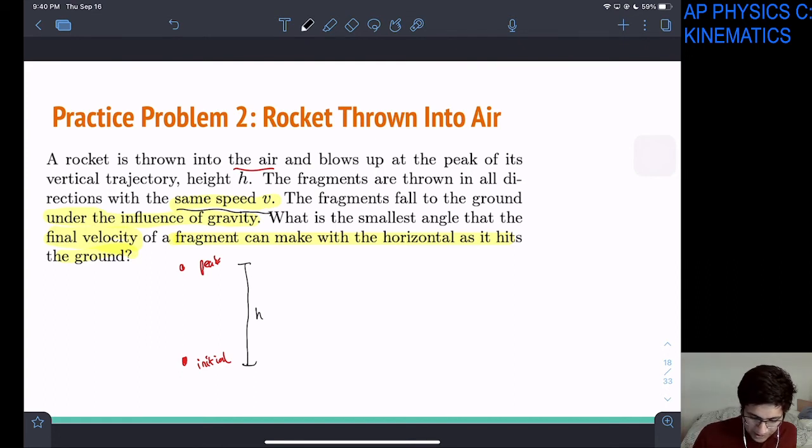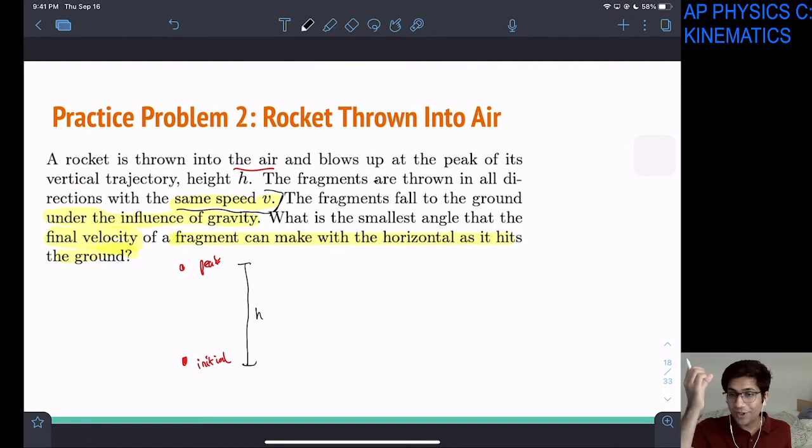All right, so a few key thoughts. We're launching a rocket into the air. It blows up at the peak of its vertical trajectory. So this tells me that at the very top of the peak, the velocity is usually 0, isn't it? But now it's saying that the fragments are thrown in all directions with the same speed v. Oh, but it's blowing up, so it's not like we're launching a ball.